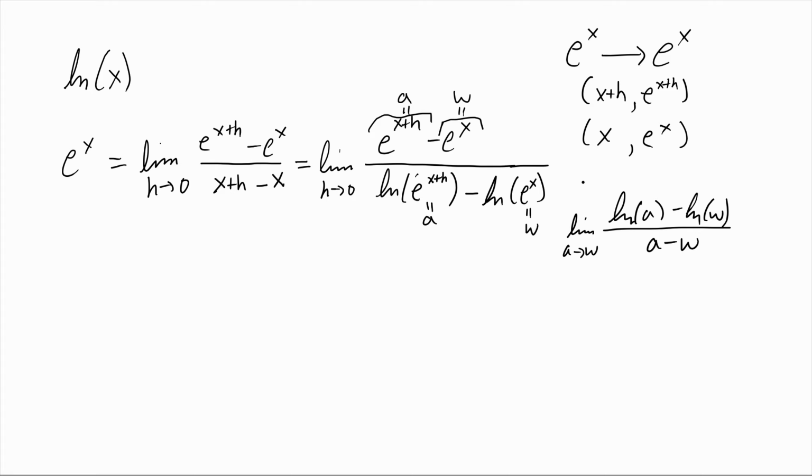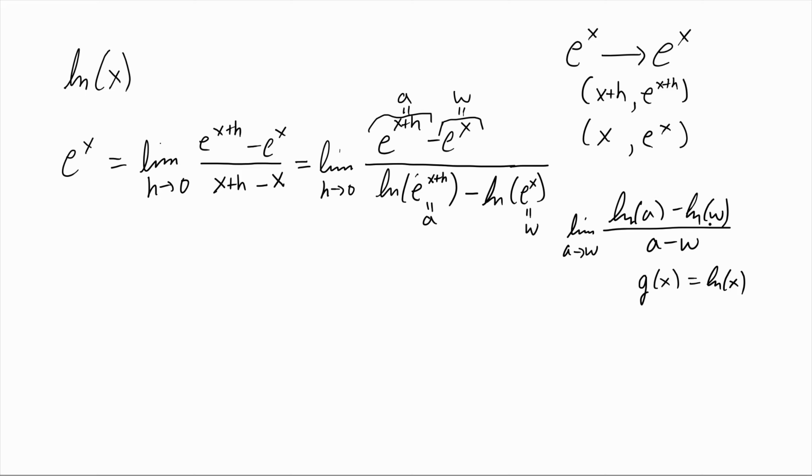In other words, let's suppose that g of x is equal to the natural log function. Then this limit that we just have right here is the reciprocal of this guy, right? The reciprocals of each other.